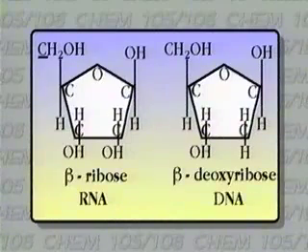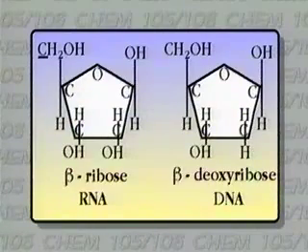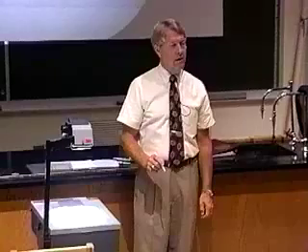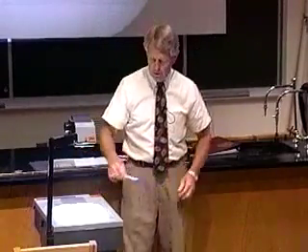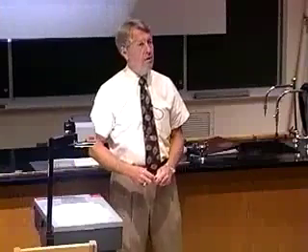DNA comes from deoxyribose, and so that's where the name DNA comes from, deoxyribonucleic acid. Now, of course, this is just one component of each of these nucleic acids, and we'll look at the nucleic acids in greater detail later. But our starting block then, our simplest of our sugars, are the pentose sugars.